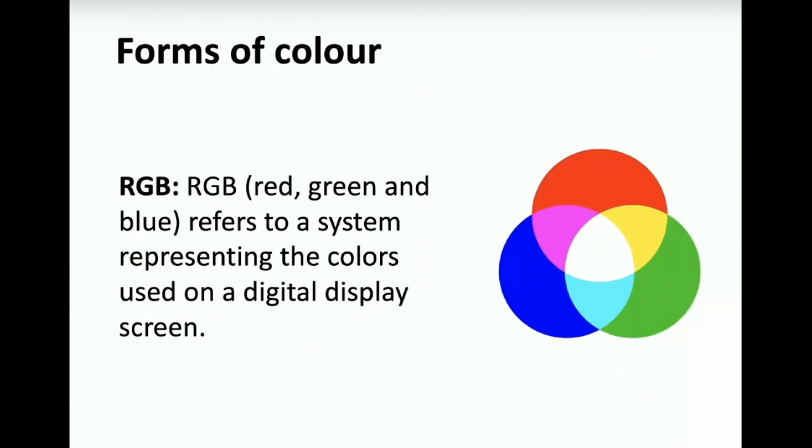All of the colors that you are seeing on the screen are being interpreted as either red, green, or blue. So that is the form of color that our computer understands. When you are working on a project that is just supposed to be posted on social media, the best form of color to use is RGB. And I understand that Canva has this, so most of the color mixing that you'll be doing will be based on this form of color.